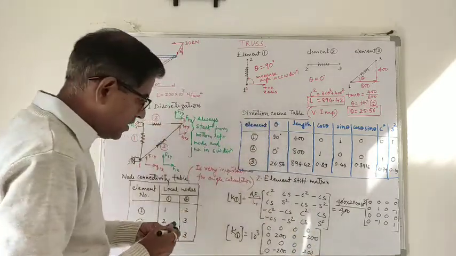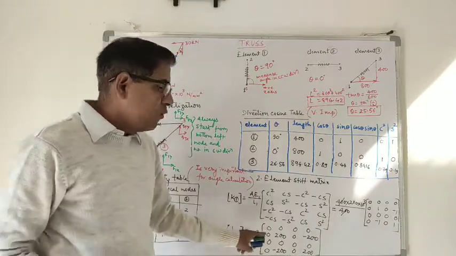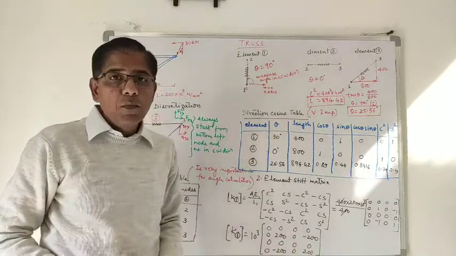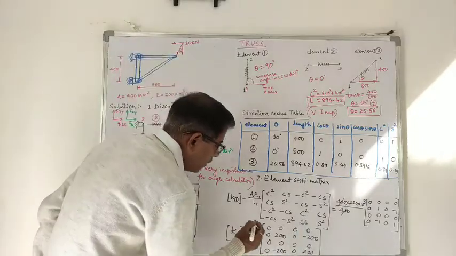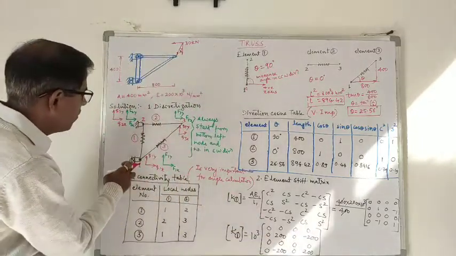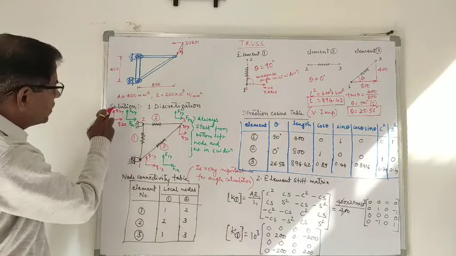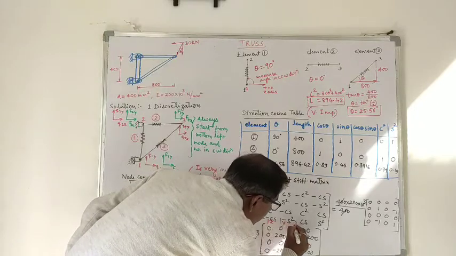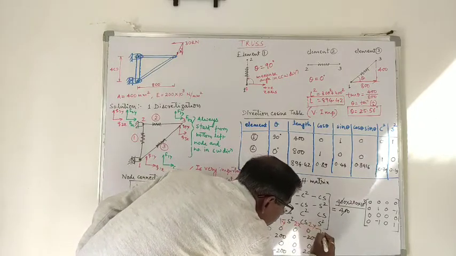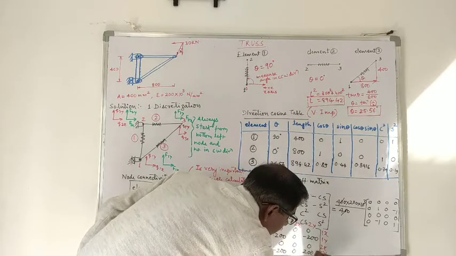So this is the element stiffness matrix for the first member, and now we need to give the row number and column number to this first element matrix. It is made up of nodes 1 and 2, so it will be q1x, q1y, q2x, q2y. So it will be 1x, 1y, 2x, 2y, along both rows and columns.